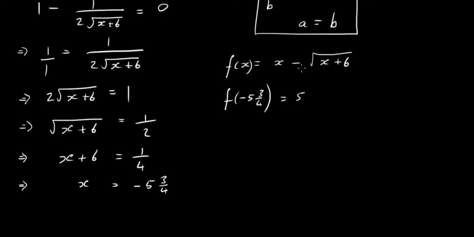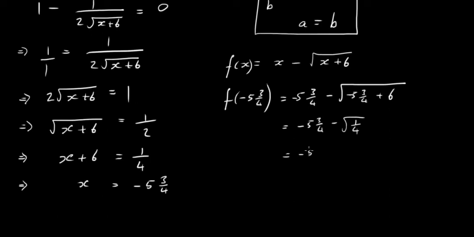So instead of x here, put in our minus 5 3/4. So we get minus 5 3/4 here, plus 6. So let's see, we have minus 5 3/4 here, and here we'll end up with the square root of minus 5 3/4 plus 6. That will just give me a quarter here.